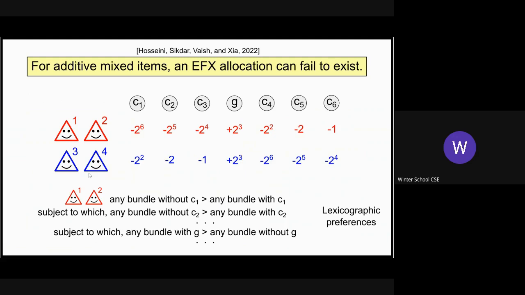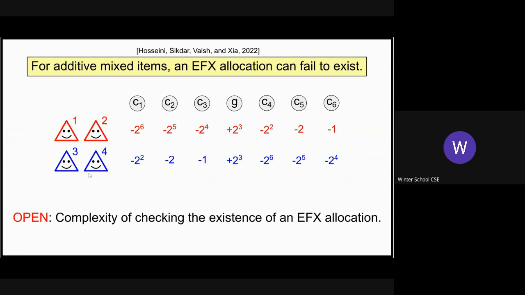One nice open problem, I believe, is that although we know an EFX allocation does not exist in general, how do you check whether an EFX allocation exists or not? Is there a polynomial time algorithm for checking the existence, or is this an NP-hard problem? I think this is a very nice question to work on.